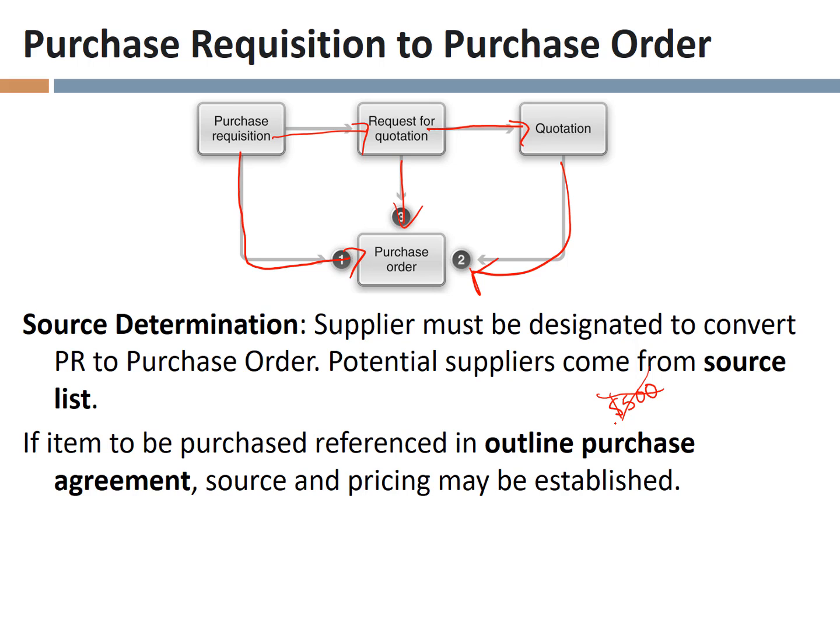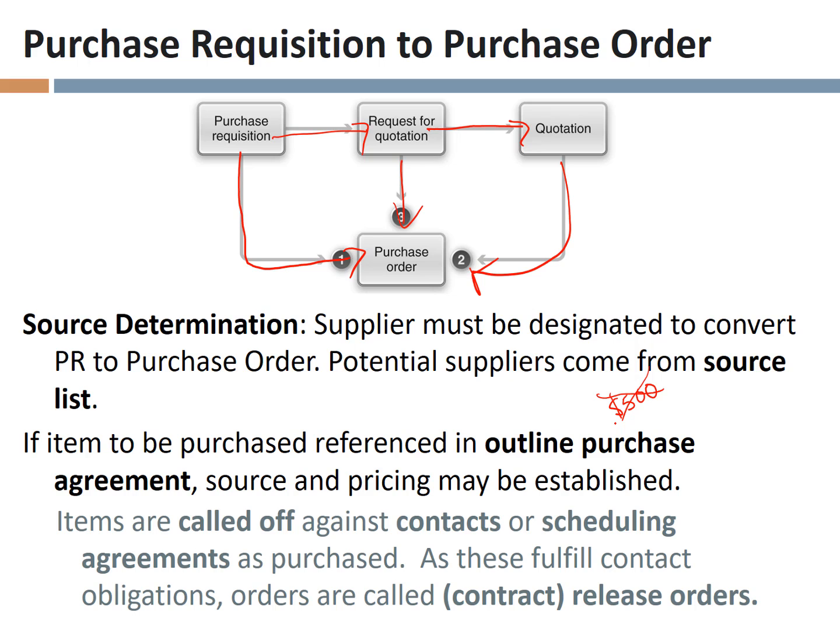So sometimes we have these purchasing agreements in place, sometimes we don't. And many times, if we do have these agreements in place, our source may be contractually fixed as an organization, and we have to buy from a particular designated supplier. If we do this, many times our contracts specify that we have to buy a particular dollar amount.